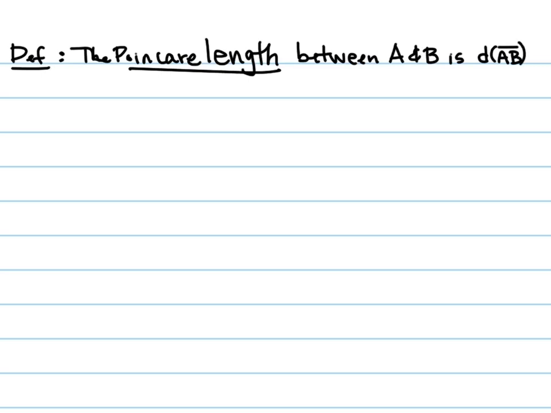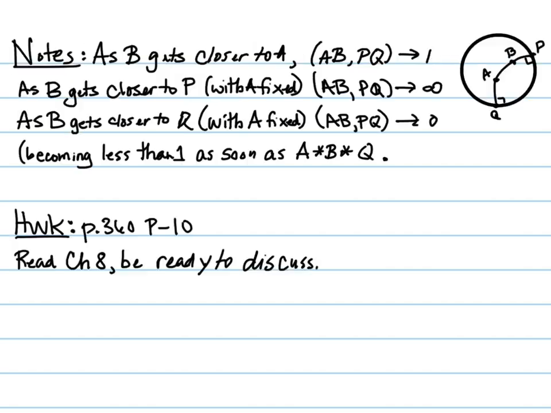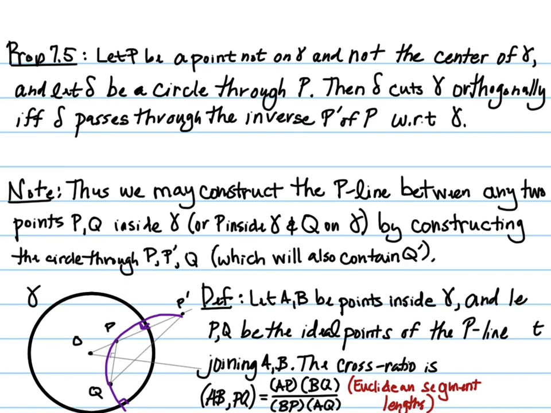The distance of this segment AB is the absolute value of the natural log of the cross ratio of AB to PQ, which is what we defined over here to be the cross ratio. So we could fit that in there if you wanted to be more clear.